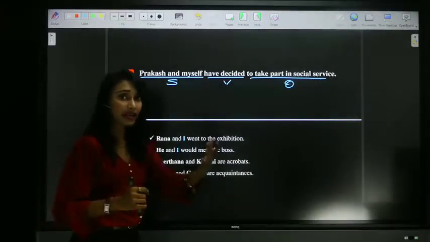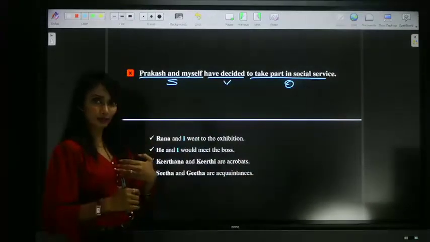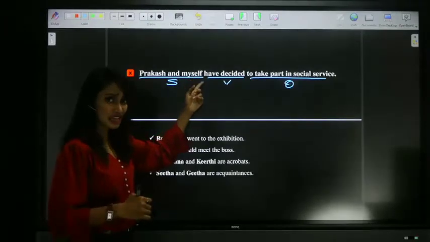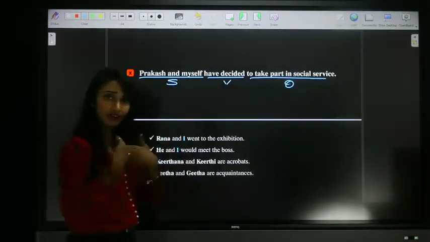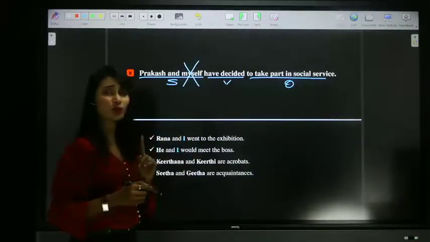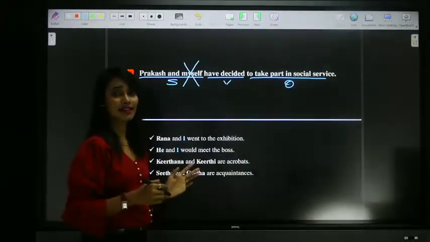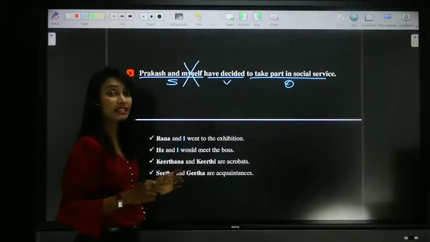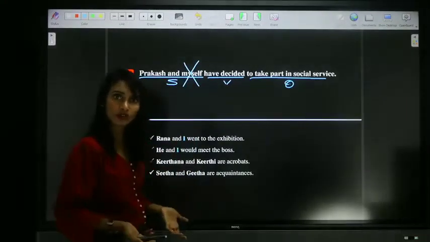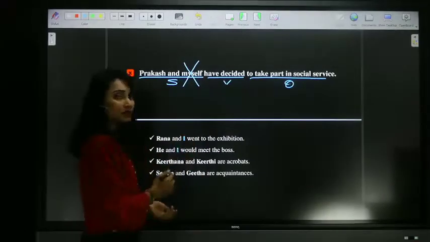When action is done and received by the same person. Right? Now, Prakash and myself. Any action received? No. See, many people use reflexive pronouns unnecessarily and improperly. It is inappropriate to use a reflexive pronoun instead of a personal pronoun. We require a personal pronoun here.